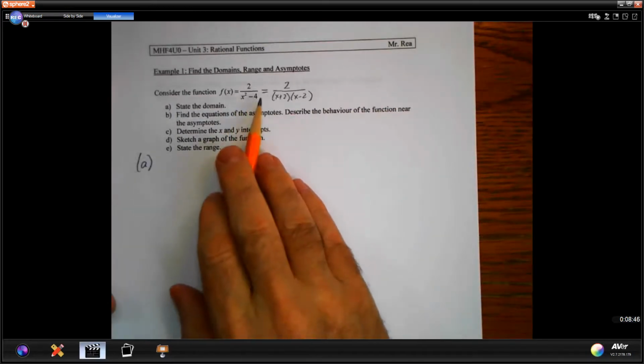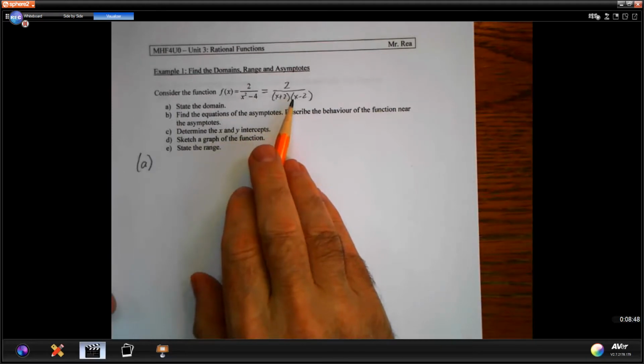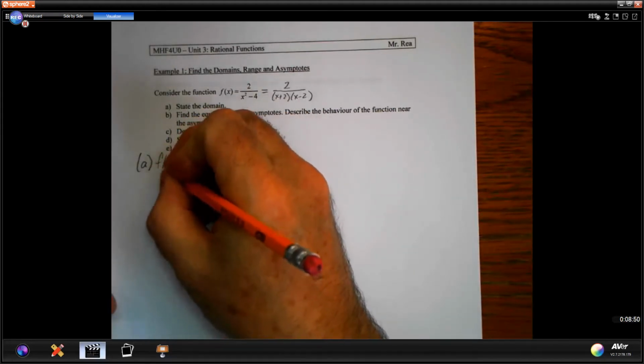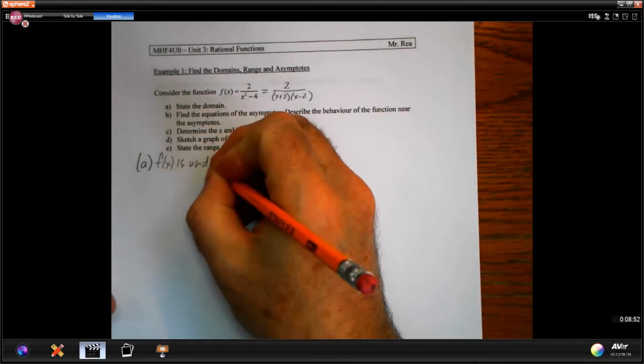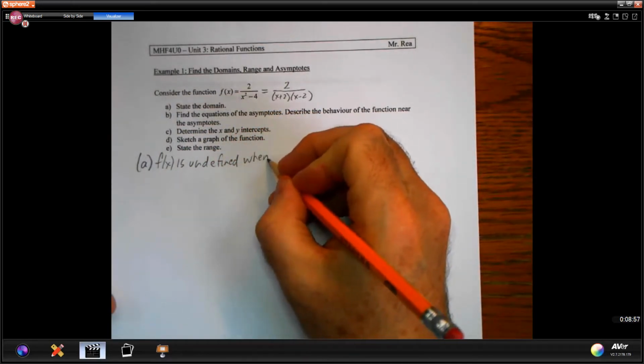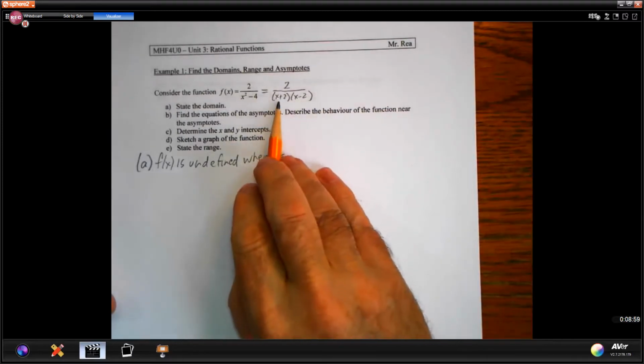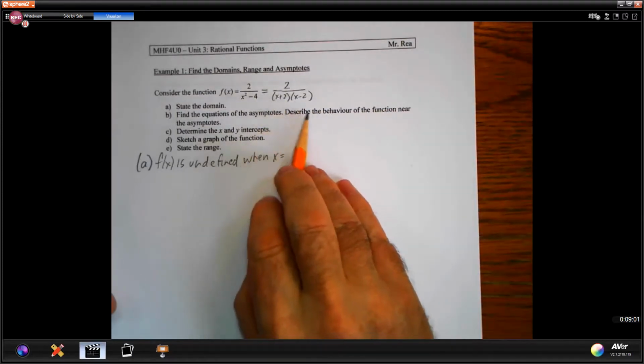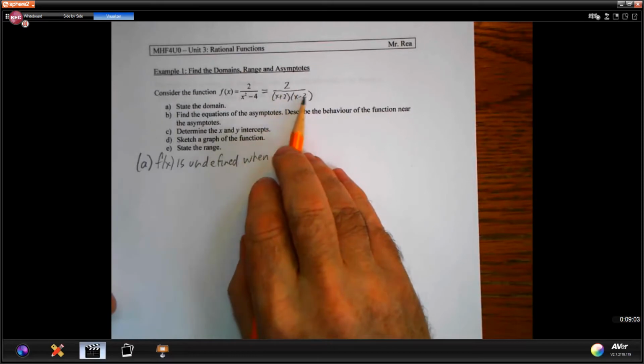So in this case, f of x is undefined when x equals, for the first factor, if x equals -2, that would be 0, and that would cause the denominator to be 0.